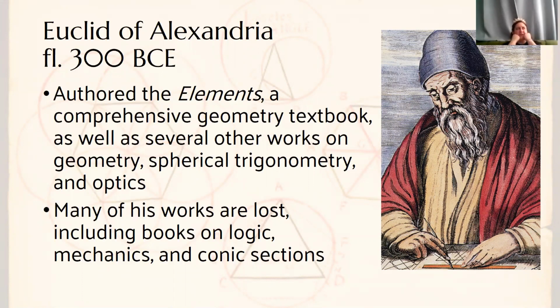You're like, wait a minute, don't they have to add up to 180? 90 and 90 and 90 is not 180. On the surface of a sphere, they don't. And we'll talk about that in a bit. But you can imagine a 90-degree angle at the North Pole, and then it goes down to the equator as the other side. You can have a triangle with 3 90-degree angles on the surface of a sphere. So trigonometry works a little differently on the surface of a sphere, and he wrote about that too.